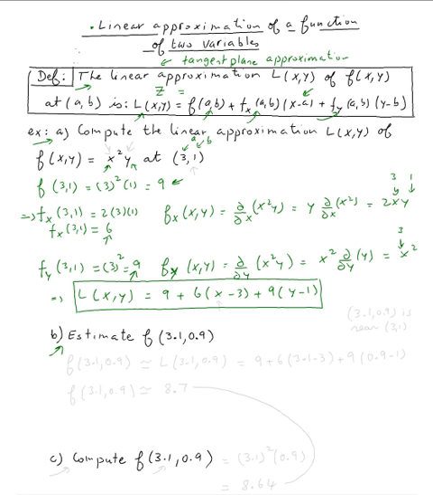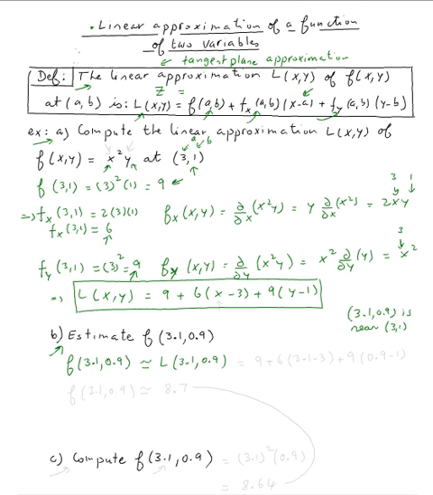Because the point (3.1, 0.9) is near (3,1). So we could use z values on the tangent plane. That's what we're doing. In other words, f of 3.1, 0.9 is almost equal to L of 3.1, 0.9.